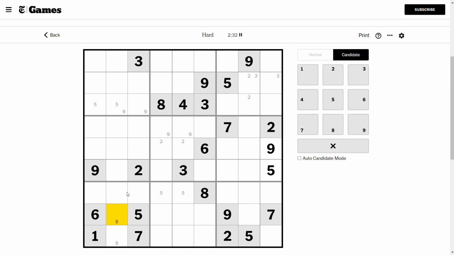So 8 in box 7 must go in column 2. Also got these 8s. This just eliminates cells from other boxes in column 2. So that's a useful tip. Unfortunately, there are no digits placed in column 2, so we can't do the opposite of this one. But alright, let's move on.